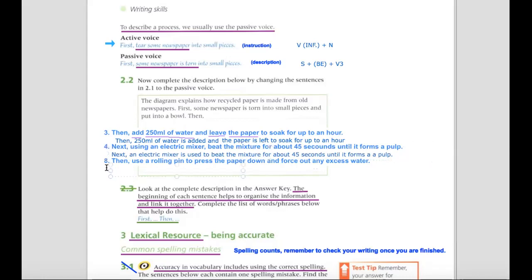Okay, let's look at number 8. Then, okay, so we can say a rolling pin is used again to press, but we can change it around a little bit. So we can say then, and we can start with the paper.